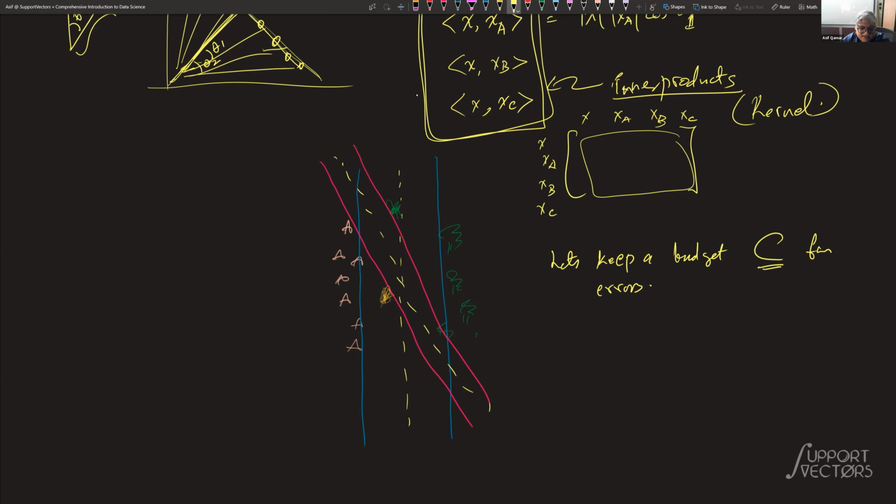And what is the error? See here, suppose I take epsilon 1 is the degree of the error. So you say that the decision boundary for this, or how far it is from. So by the way, this distance is m. The distance that the median is from the banks is, let's call it m, margin.